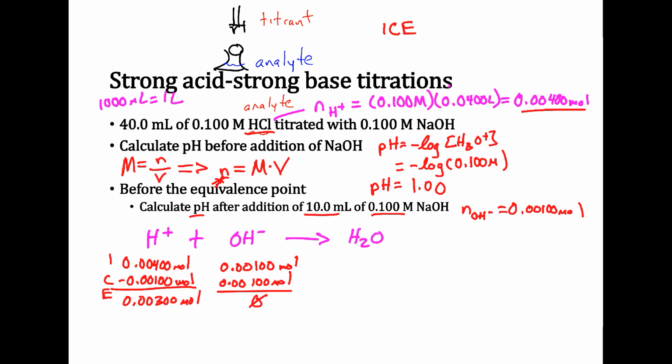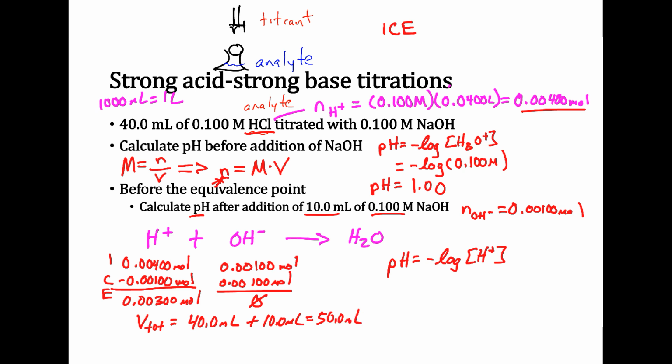If you want to find the pH, recall that pH is equal to negative log of H plus. Not the moles, it's the concentration. So now we need to keep a running total of our volume. The total volume is 40 milliliters from the HCl plus 10 milliliters from the sodium hydroxide solution, so we have a total of 50 milliliters.